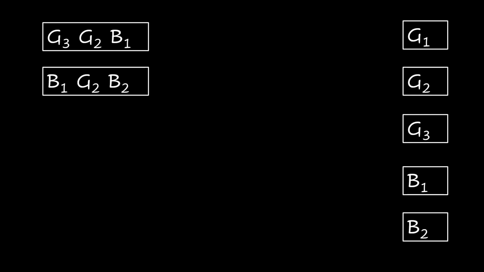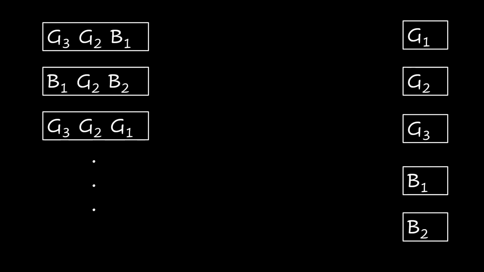If I have B1, G2, and B2, then I cannot have B2, G2, and B1 anymore because that's exactly the same representative of the class. Therefore, if I continue this, I will have different possible combinations of representatives composed of 3 students only. So now the question is how many possible groups of representatives I can have from these 5 students.